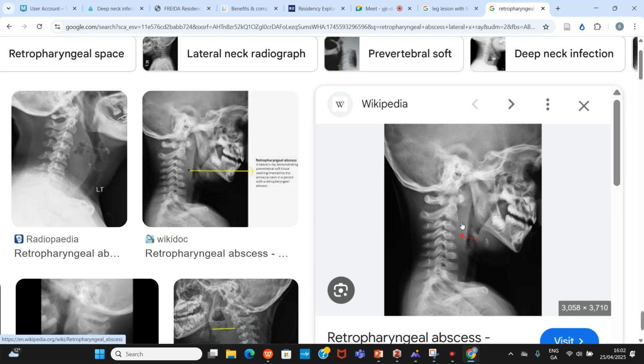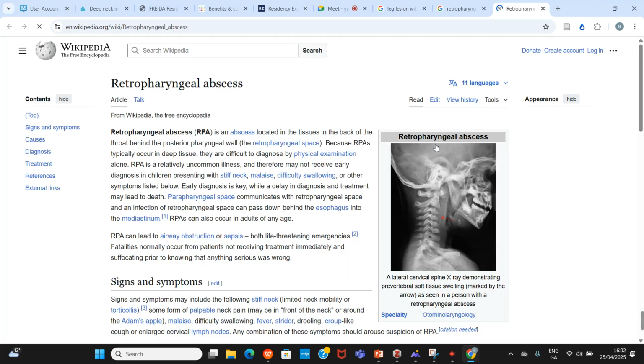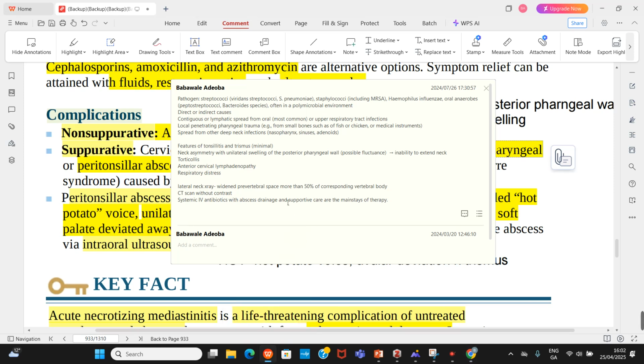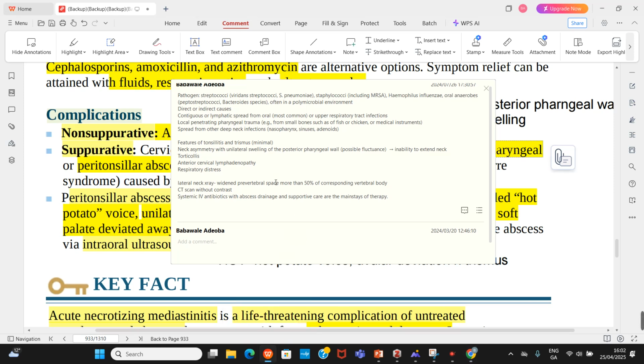Your CT scan is going to help you with that, and you can immediately go in to do a surgical drainage and place the person on broad spectrum intravenous antibiotics like ampicillin-sulbactam. So that's that about retropharyngeal abscess you don't want to forget.